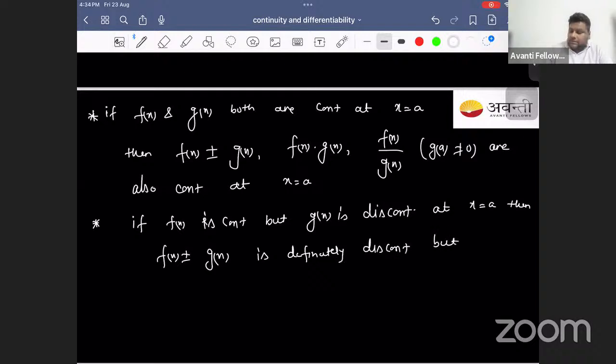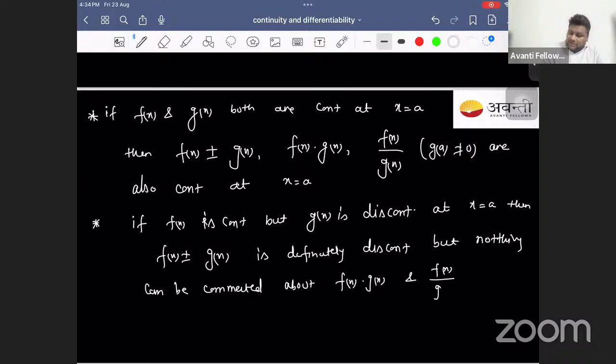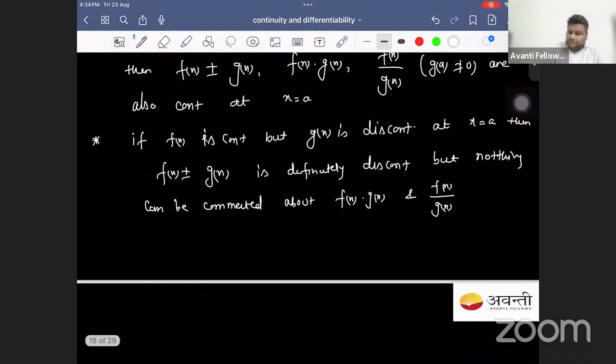But nothing can be commented about f(x) into g(x) and f(x) upon g(x). They can be continuous, they cannot be continuous.